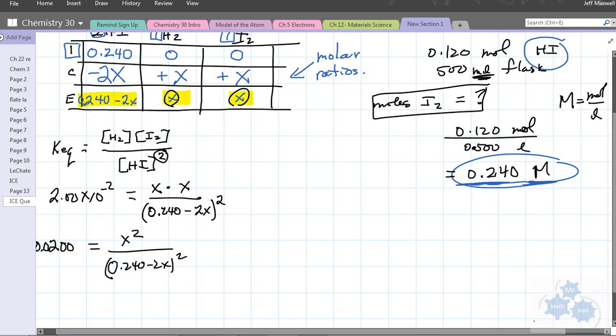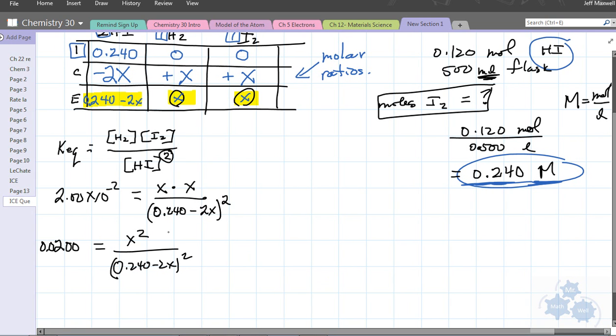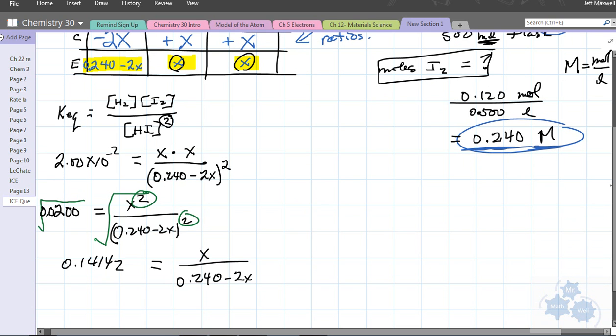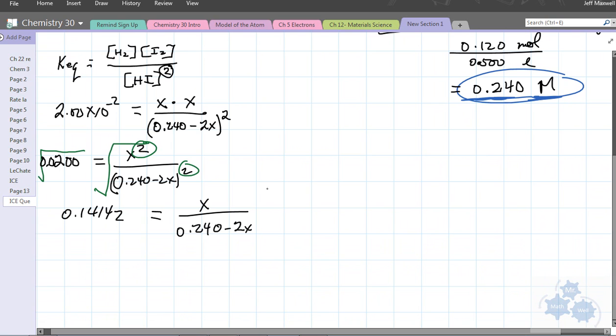And we can do the same thing that we did with the last example and just take the square root of both sides to get rid of these squares here, right? So we take the square root of both sides, and then we're going to multiply both sides by the denominator here. So that basically goes up there.